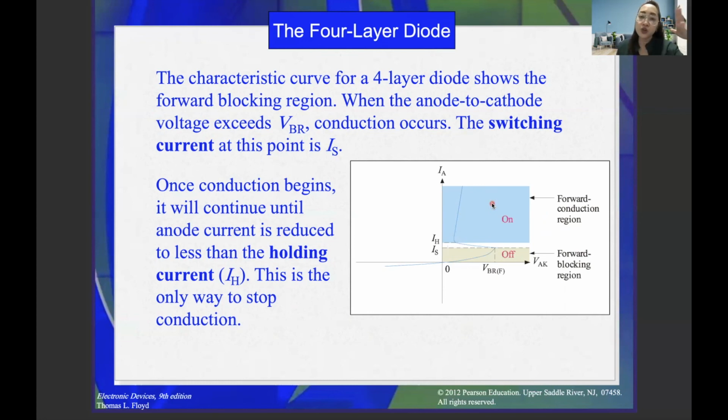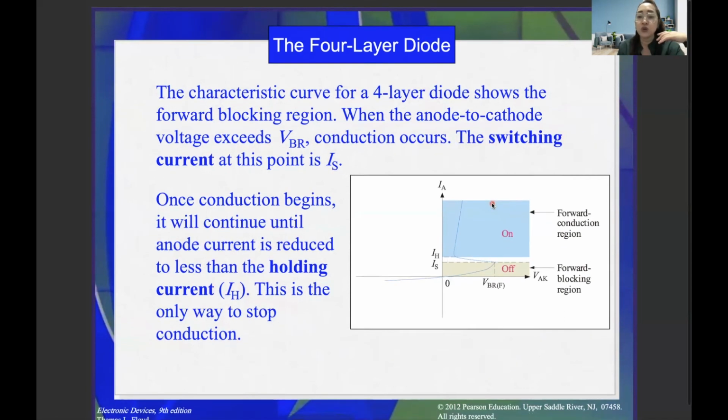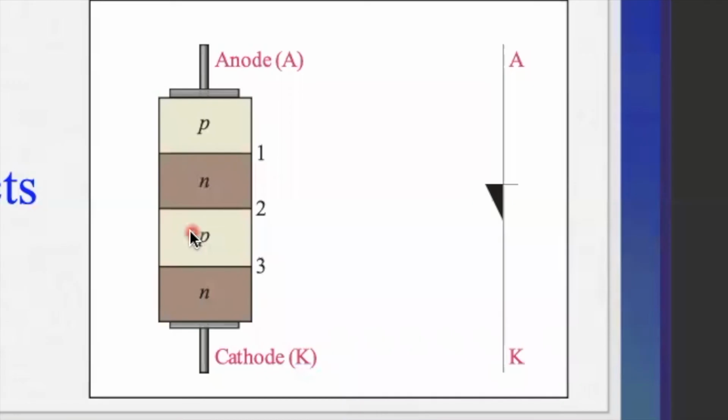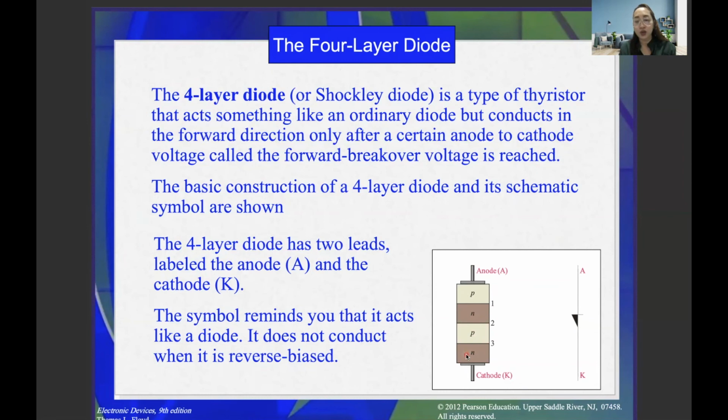Again, for you to be able to produce conduction in the 4-layer diode, we have to break down this region. How do you do that? When you reach the breakover voltage, junction 2 will be broken so that the current from anode to cathode will pass. It will continuously conduct.